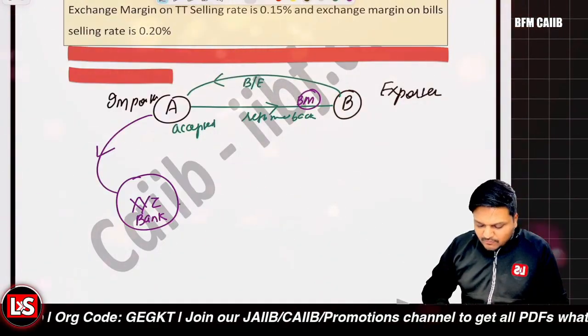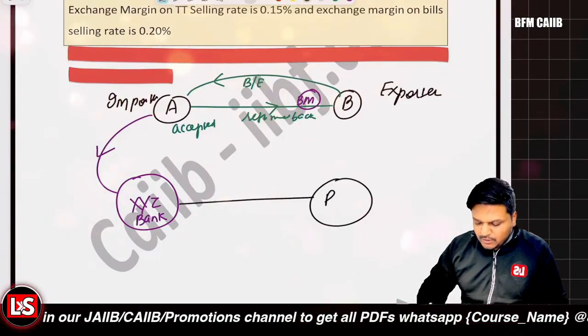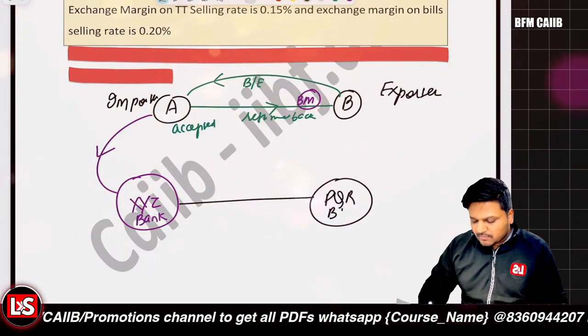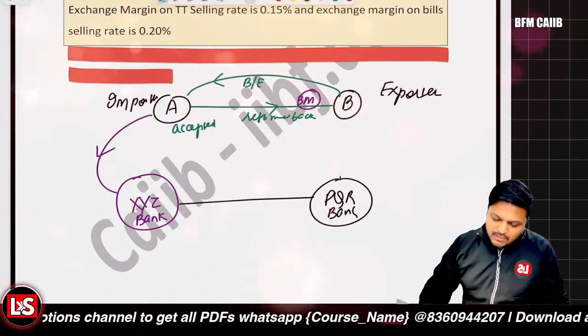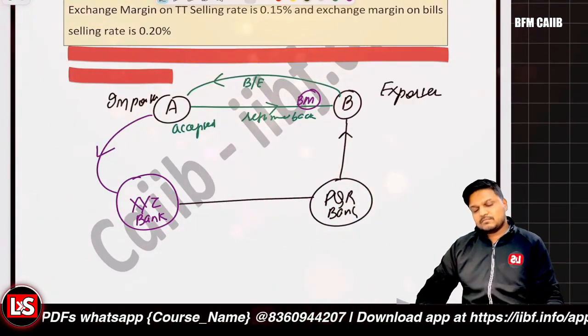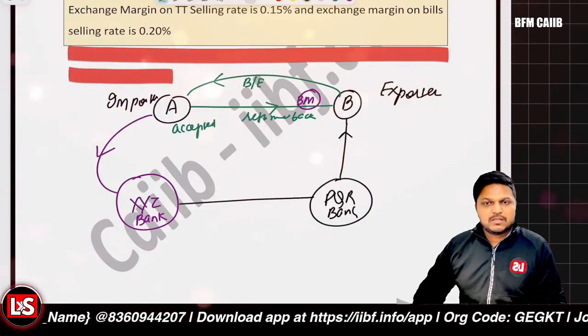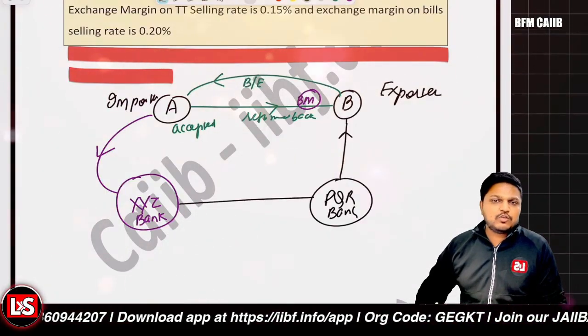So XYZ bank will be connected with the counterpart in B's country. Let's say it's PQR bank, and further the amount shall be paid to person B. So this is the transaction.